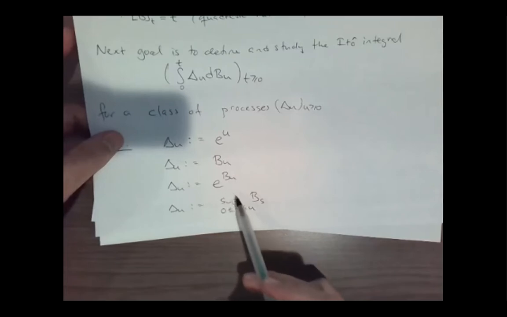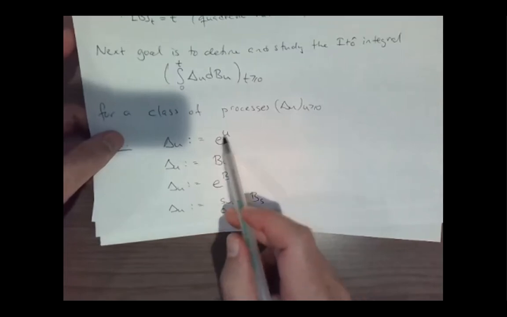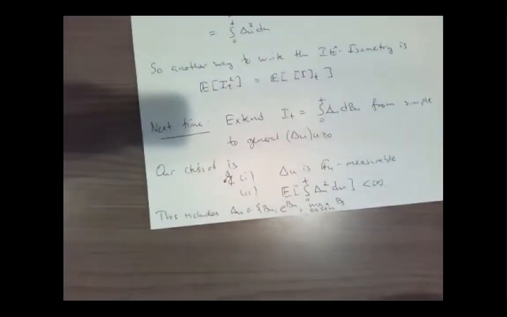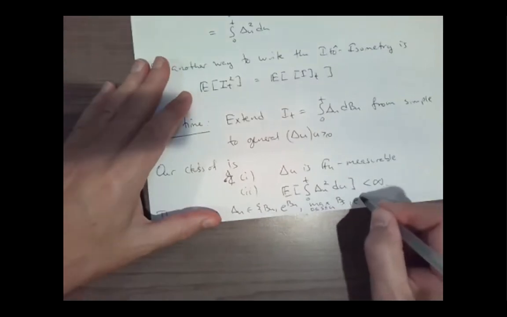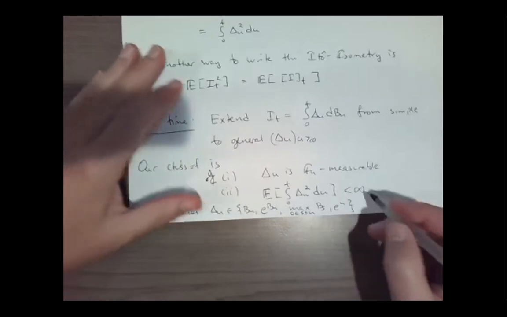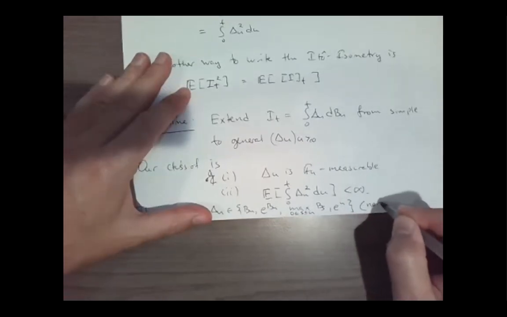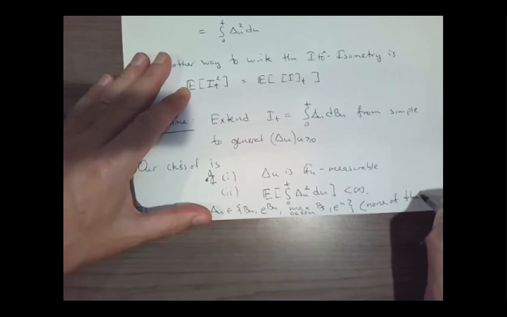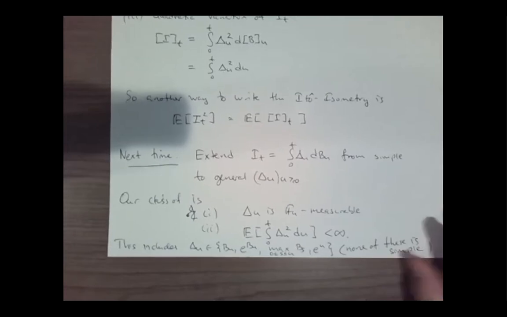We had b_u, e^{b_u}, the max, and here we also have e^u. Also put that one in there. None of these is simple. The definition we just went through would not include any of these, because they're not piecewise constant.